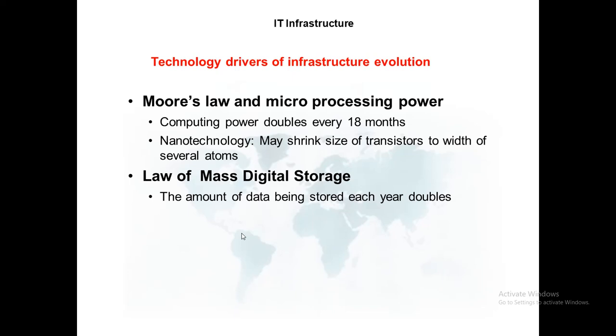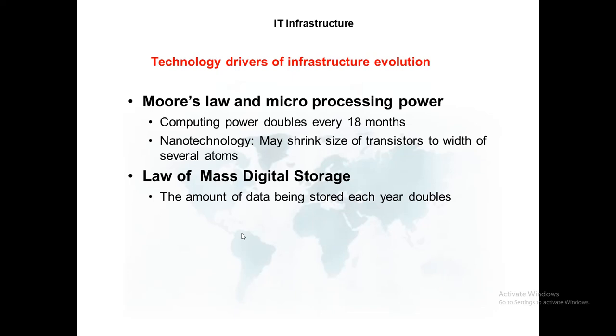So in this section, we are going to look at the most important factors or developments that have led to the rapid evolution of the IT infrastructure. So here we start with Moore's law and the microprocessing power.